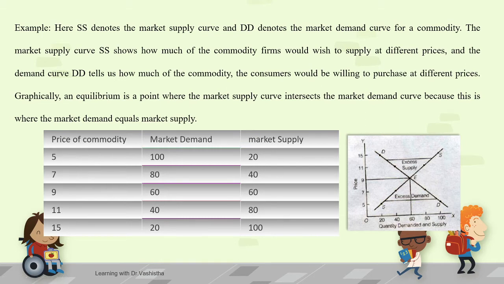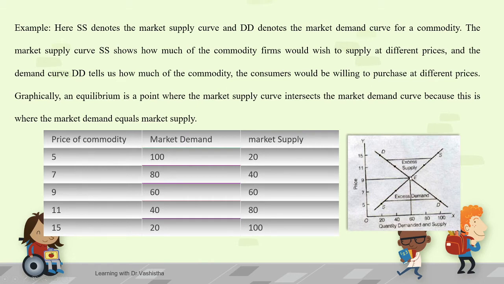Further on, when the price increases and it goes to 11, market demand goes down and market supply increases. So this is the point beyond point E, where there is a situation of excess supply, because the supply here exceeds the demand.